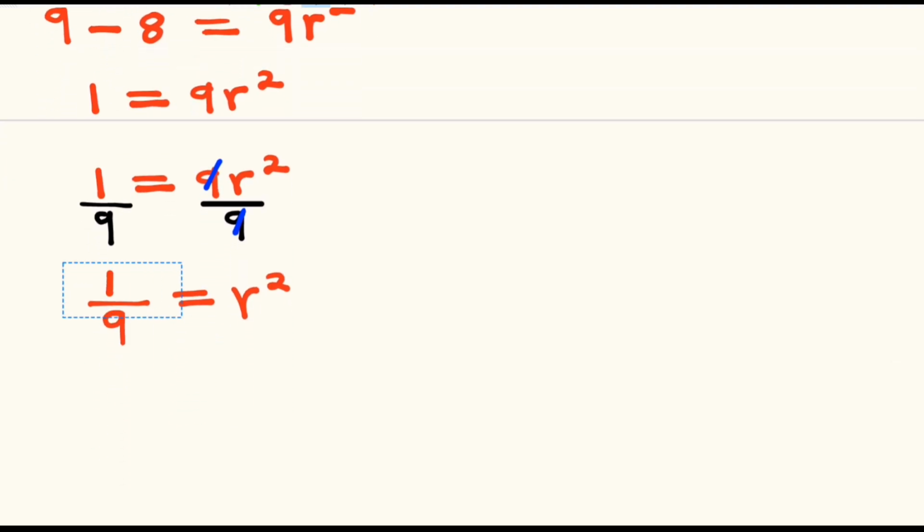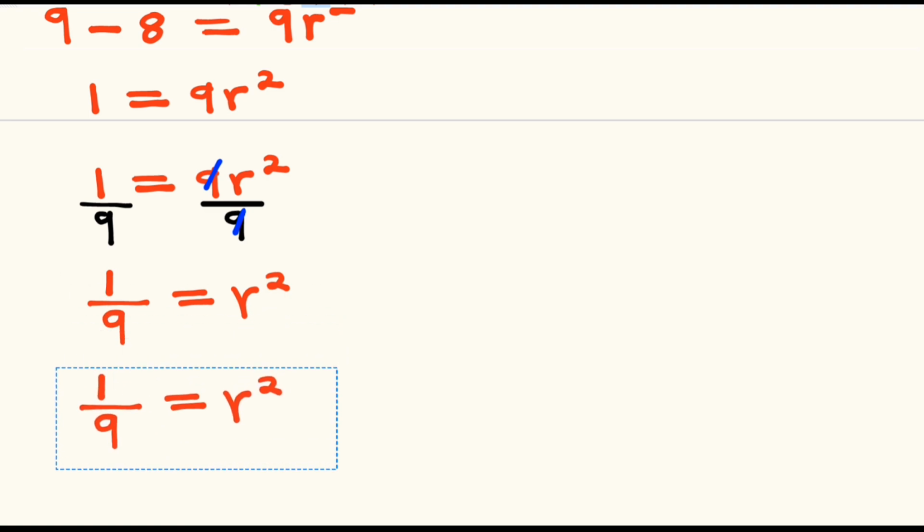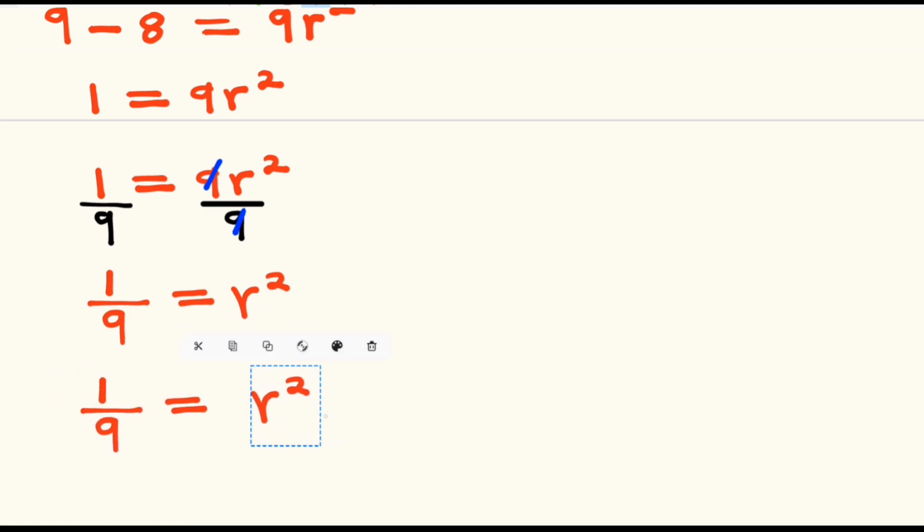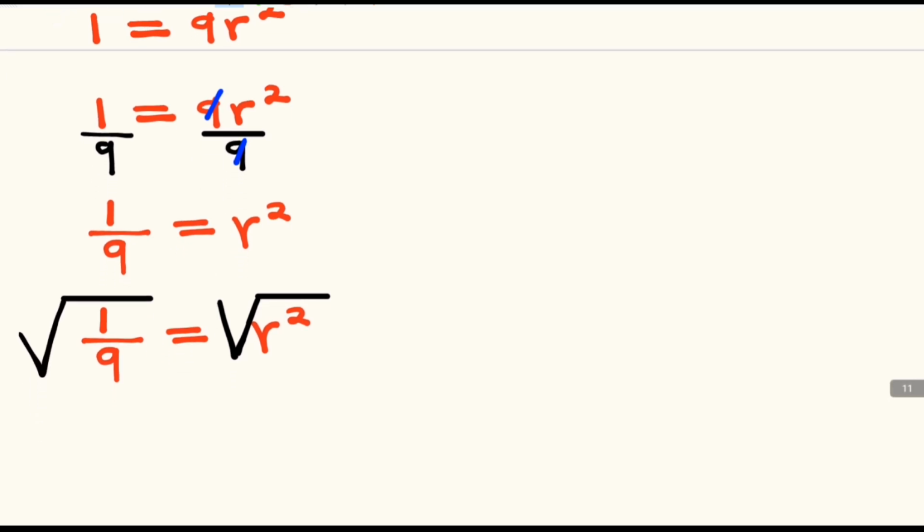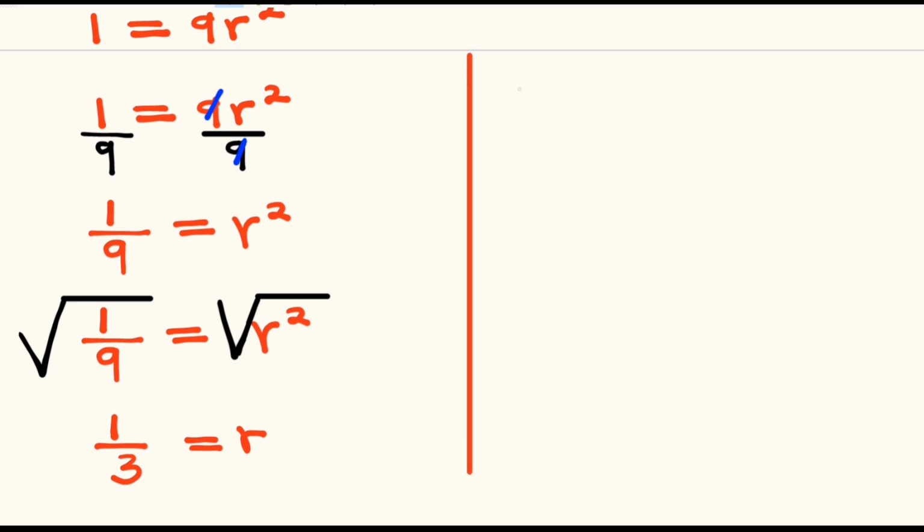To solve for r, we are going to introduce the square root on both sides of the equation. The square root of 1 over 9 will be equal to 1 divided by 3, and the square root of r squared is equal to r. So our r is equal to 1 divided by 3.